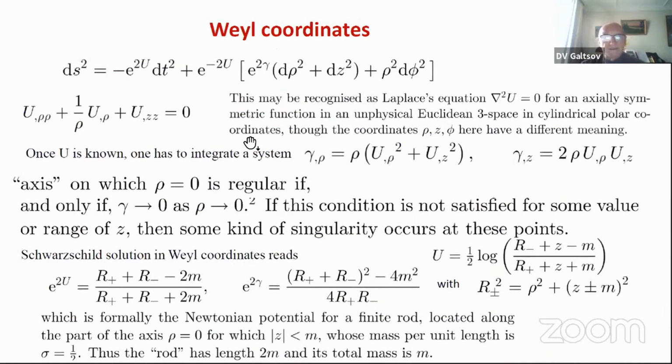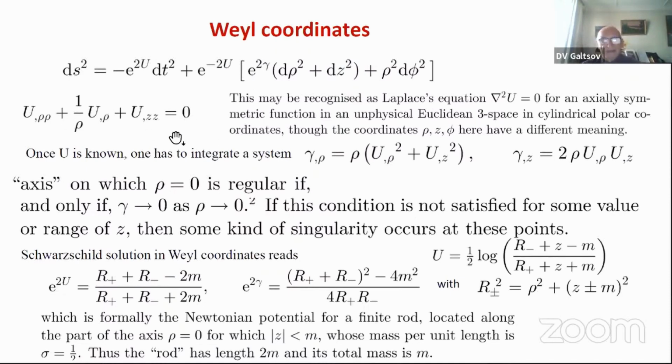Now about rods. So let us pass to Weyl coordinates. And this is a parameterization of Weyl. This rho and z are actually cylindrical-like coordinates, together with phi and t. This representation of the interval is very useful because it makes for the potential function u an equation which is the flat spatial Laplace equation in vacuum.